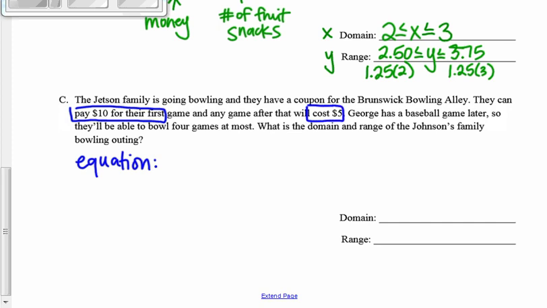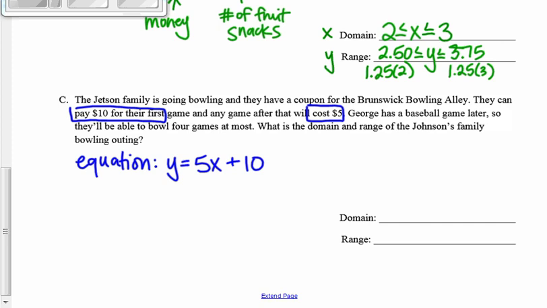So it's $10 for the first game no matter what, but $5 per game after that. So y equals, and since the slope here would be $5, because most of the games are going to be $5, we're going to write 5x. But then we have that original $10 that we've got to tack on for that first game.